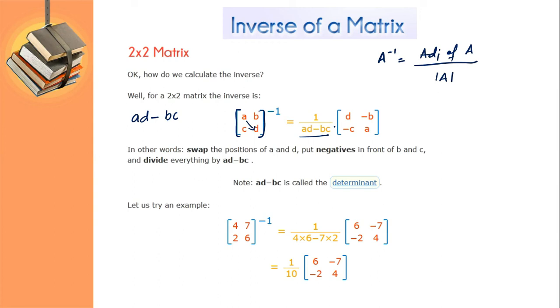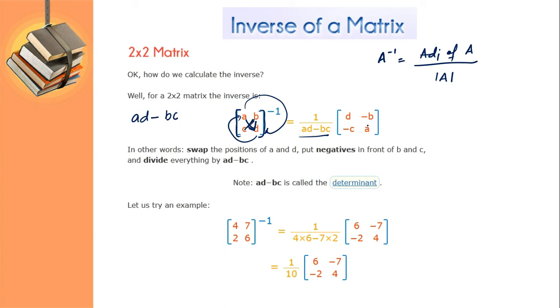Then for the adjoint of A, remember we will change the places of the first diagonal. So if we change the places, D will be here and A will be here. Now D is here and A is here. And we change the sign of the second diagonal.